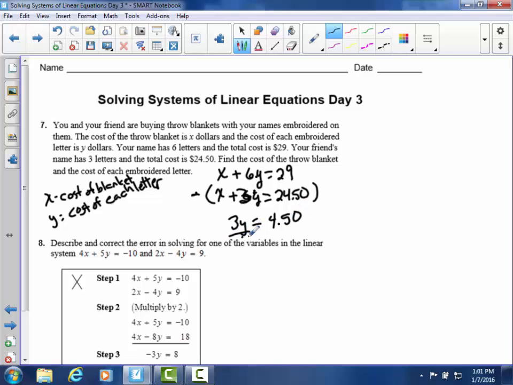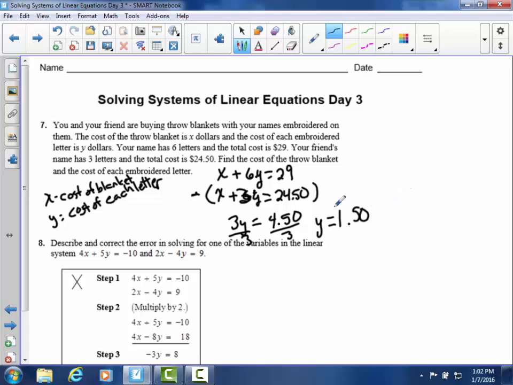Then we would divide by 3. And we know that each letter is $1.50. Okay, so I'm going to leave you to figure out how much the blanket cost.